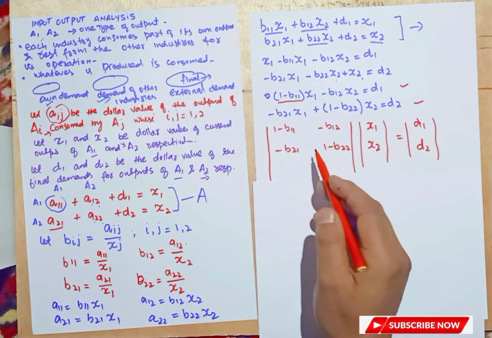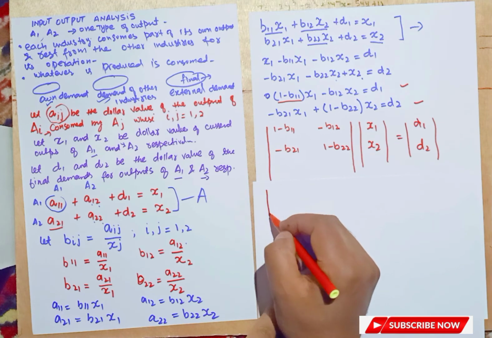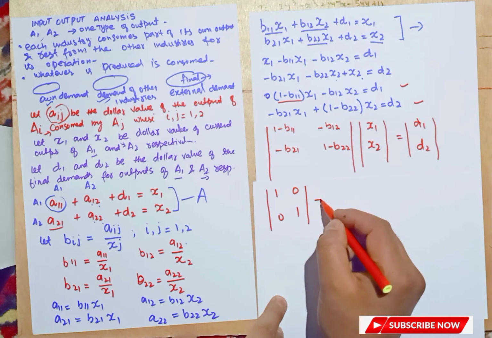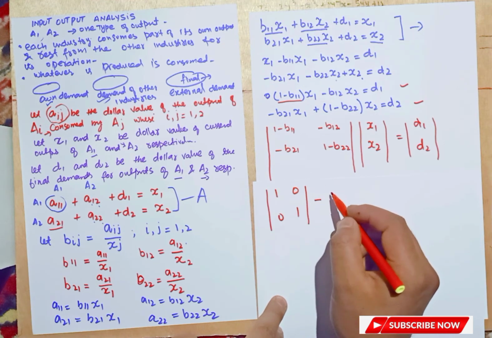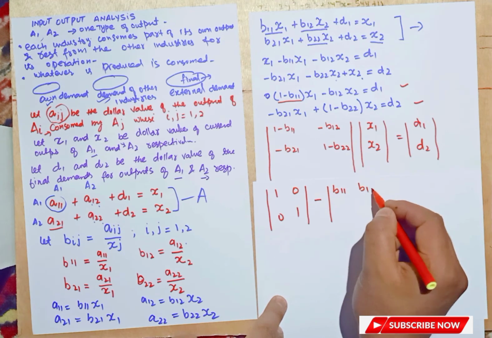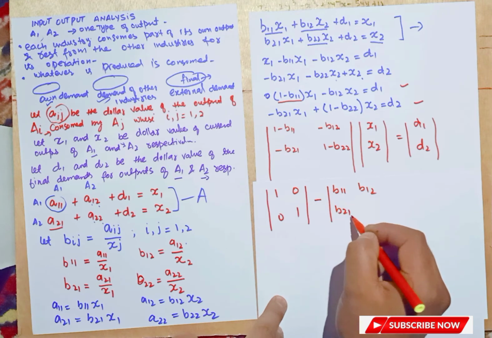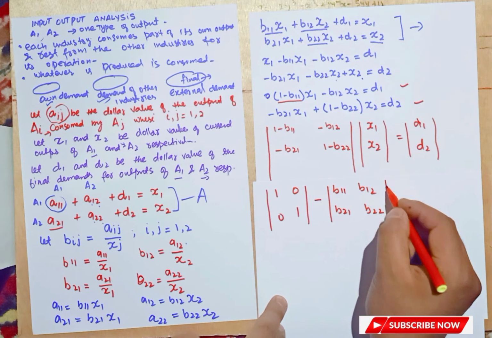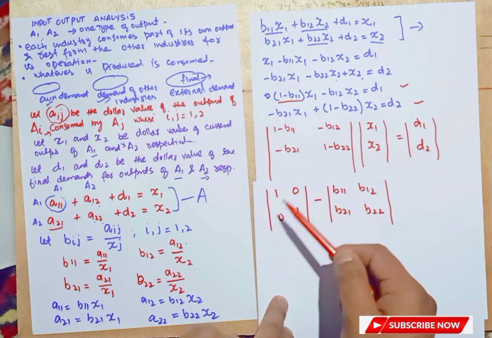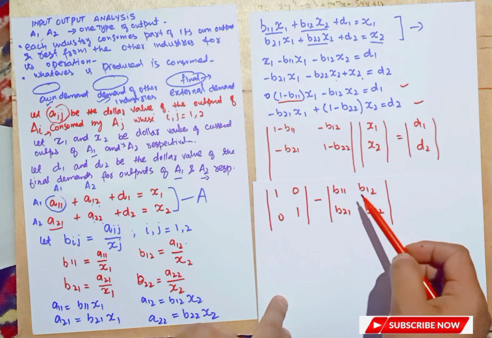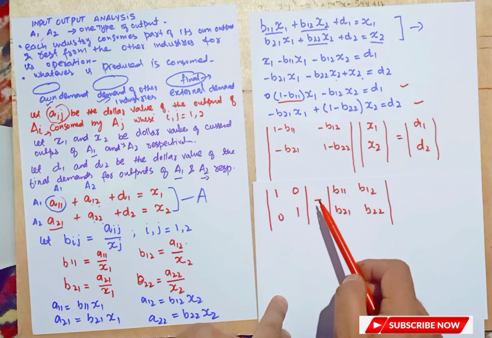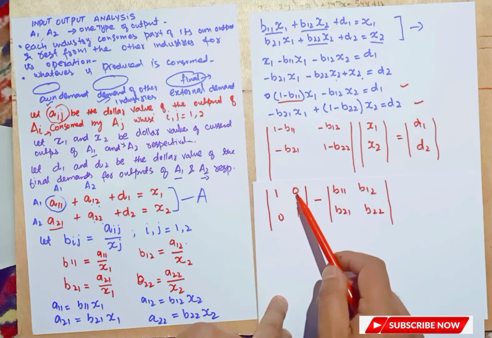Now we can break this down. Let us say I form 1 0 0 1. This is the identity matrix, and if from that we subtract B11, B12, B21 and B22, we will get these very equations, because 1 minus B11 is here, it is 0 minus B12, we get this.